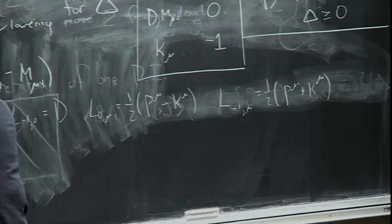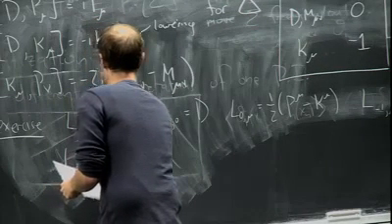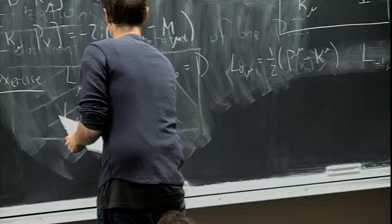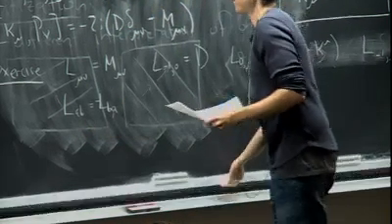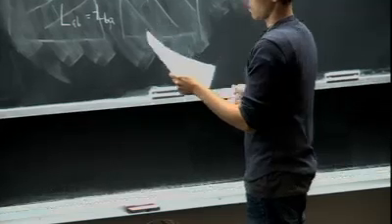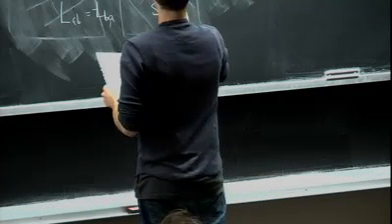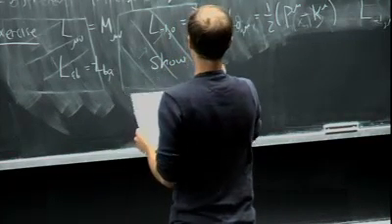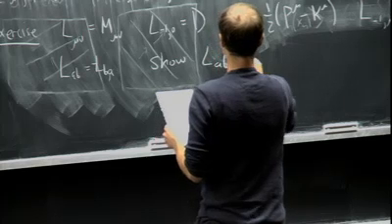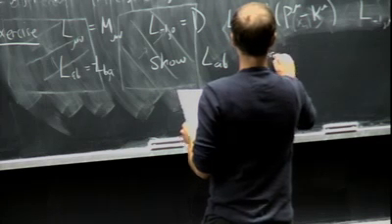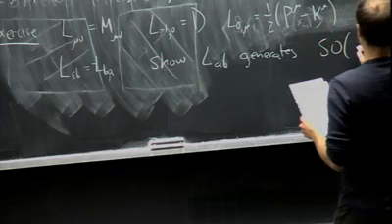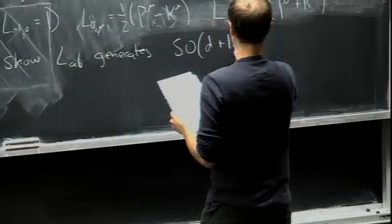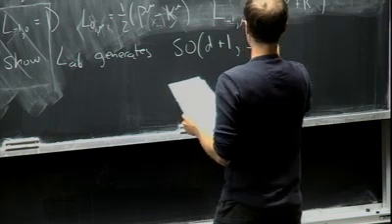And L AB is antisymmetric. Show that L AB generates the group SO(D+1,1).